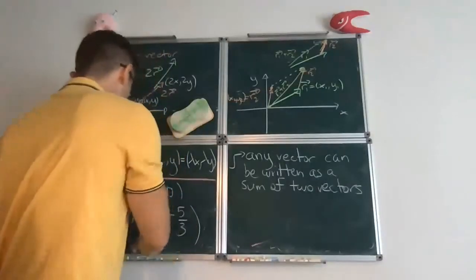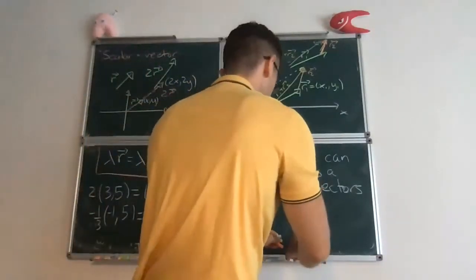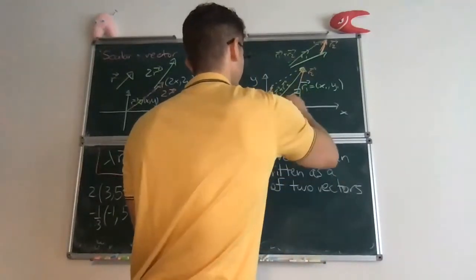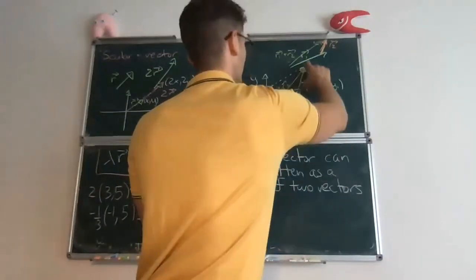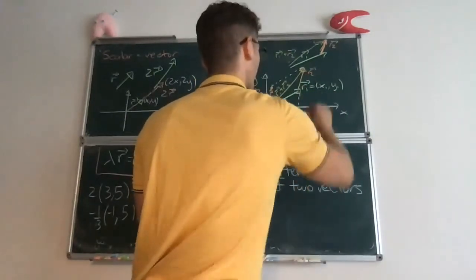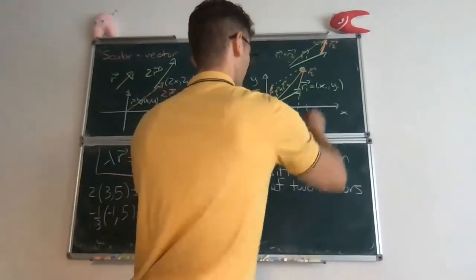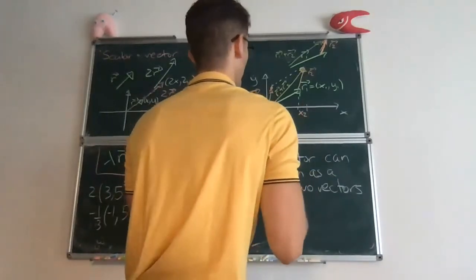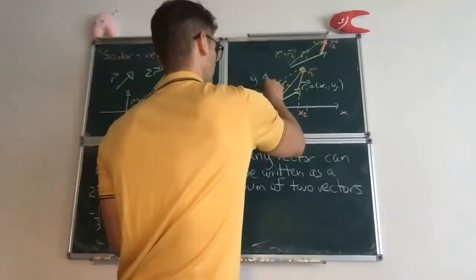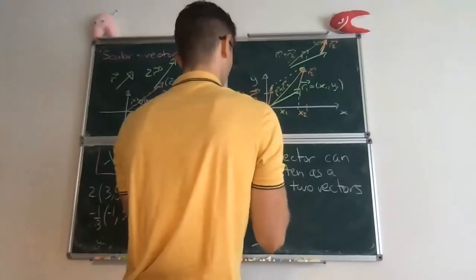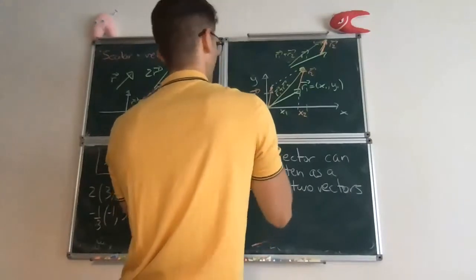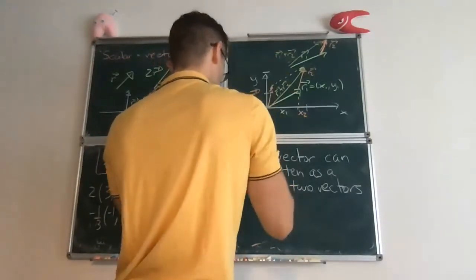But really, that should not be a surprise, right? What you're doing secretly is taking this x1 piece plus a piece that has size x2 here. And then you have this y1 piece, and then this other piece of size y2.